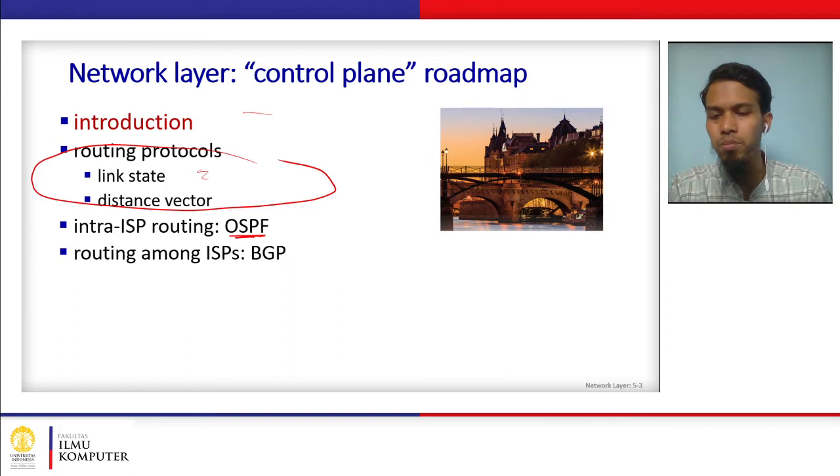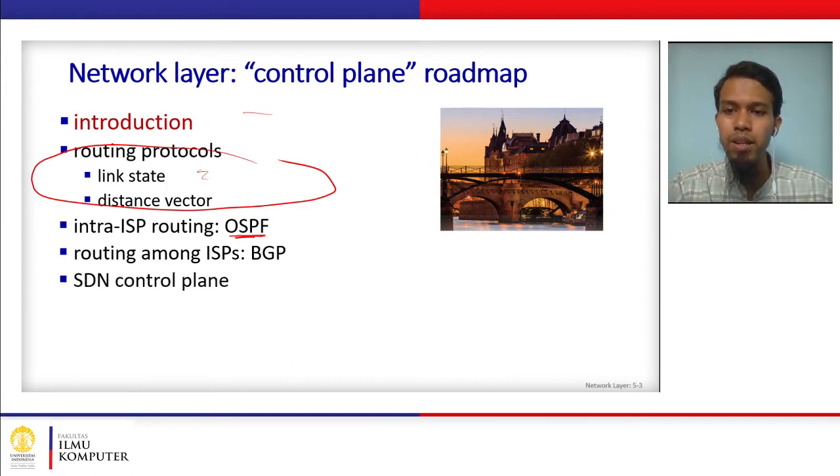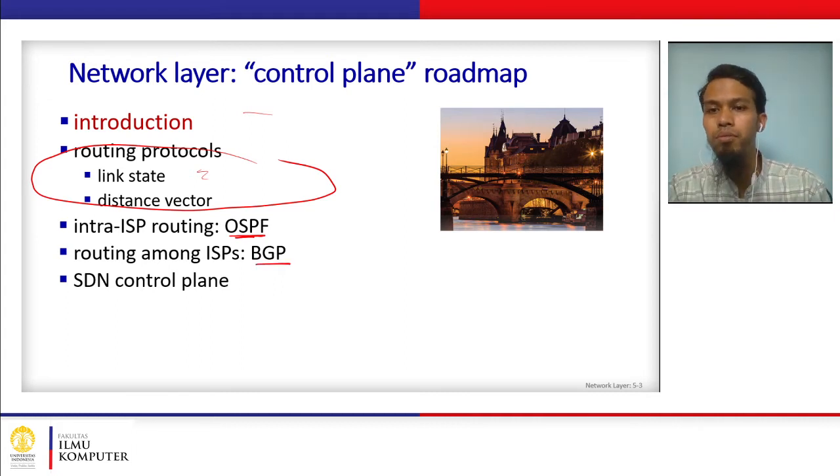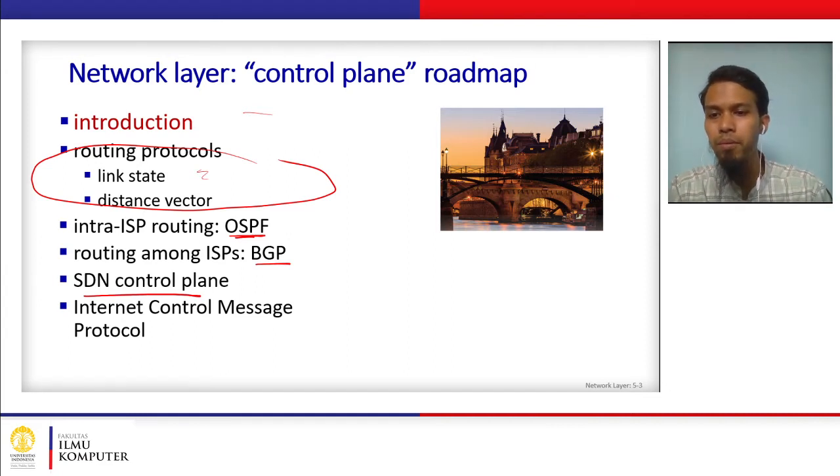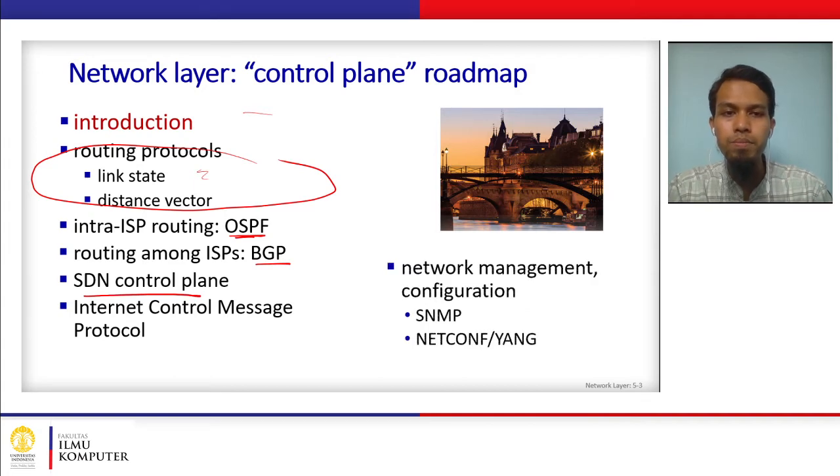It's not just ISP actually. Also routing for inter AS, or among ISPs, is BGP, one of the state-of-the-art implementations. And then we talk about the SDN control plane, another approach to the per-router control plane in the network layer. And when we have time, we'll talk about ICMP and network management.